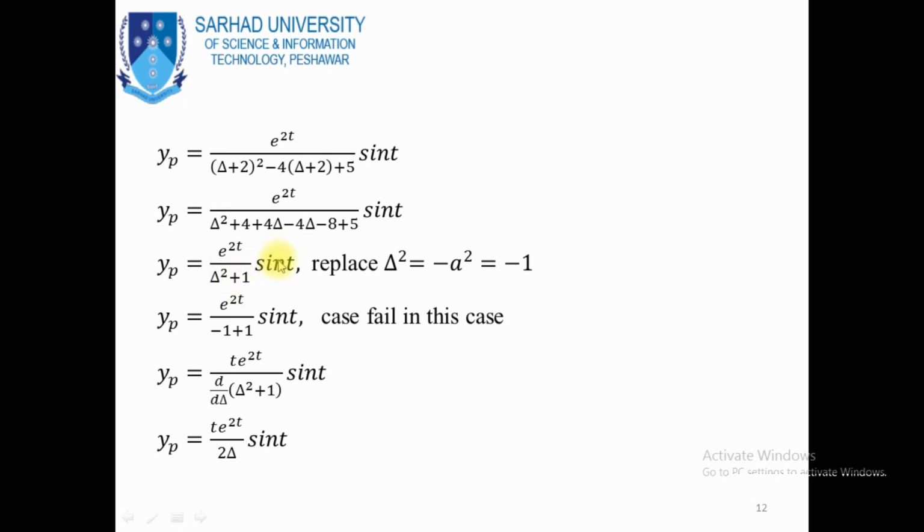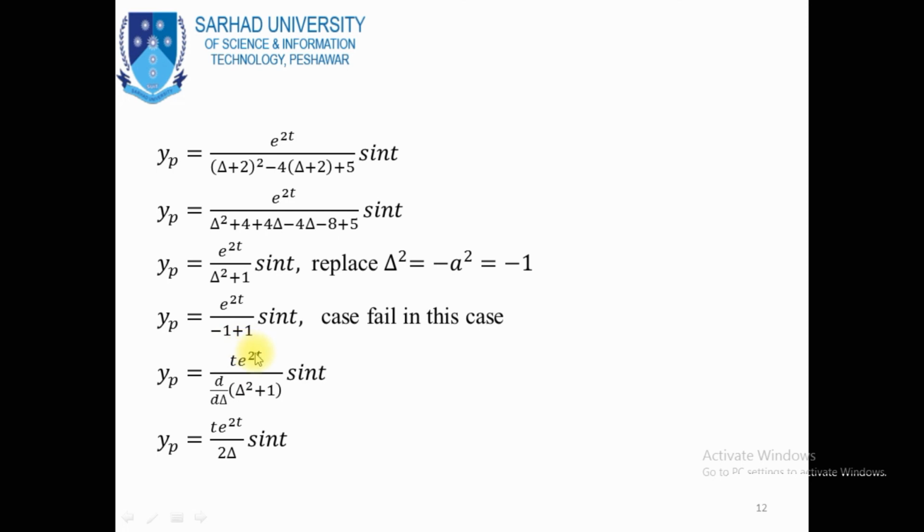So in case of a trigonometric function, for the particular solution, we replace del square by minus a square, and the value of a is 1 in this problem. So del square becomes minus 1. Now we obtain e power 2t divided by minus 1 plus 1, which is 0. This is the fail case.